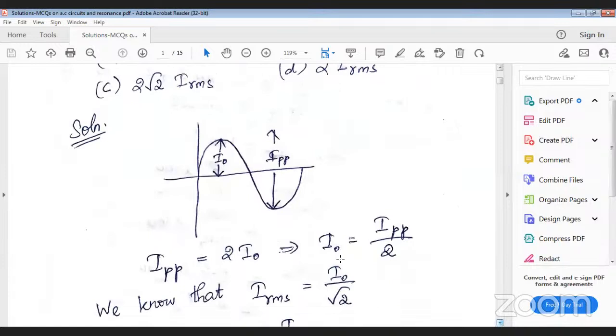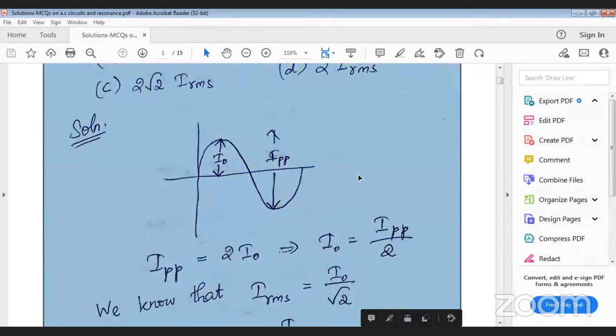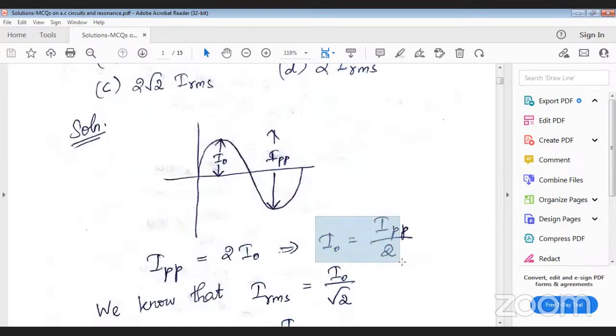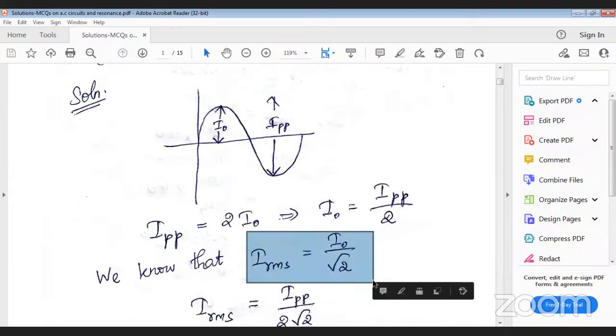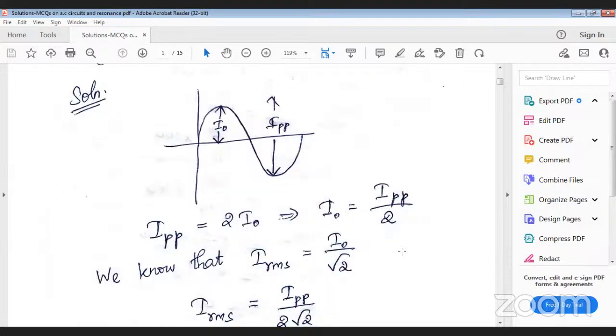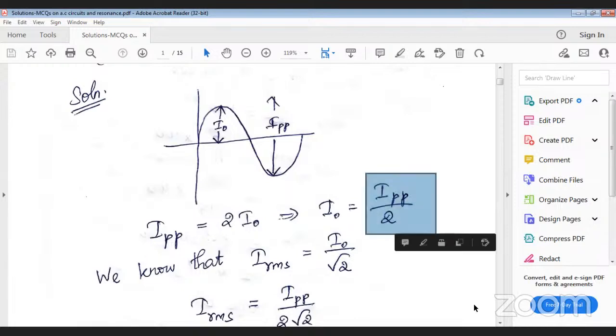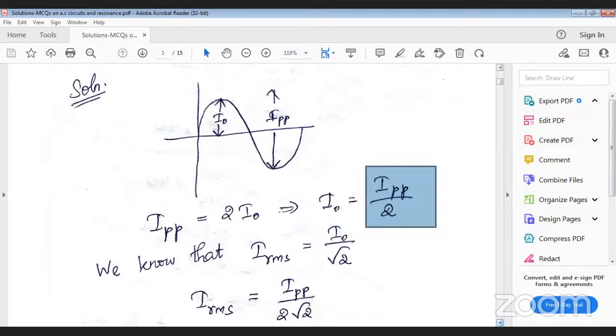So the peak to peak value is nothing but twice the amplitude. That means amplitude I naught is equal to peak to peak value divided by 2. This you need to understand very well. And we have the formula IRMS equal to I naught by root 2, which we have already discussed. Here I naught is related to peak to peak as IPP divided by 2, half of the peak to peak value.